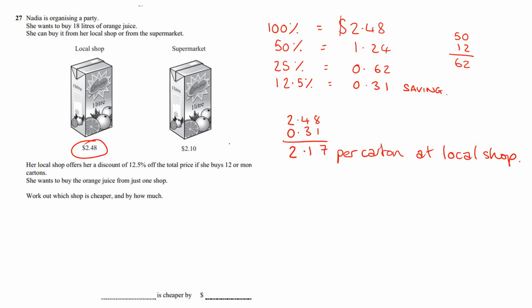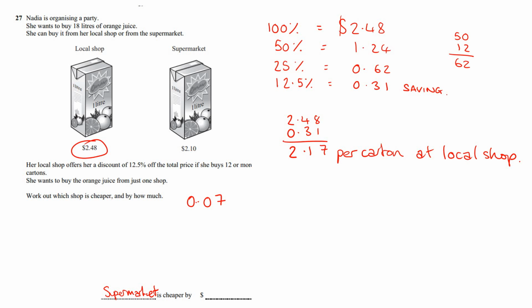All right, so that would mean that it's actually cheaper at the supermarket, and it's cheaper by 7 cents per carton. So the supermarket is cheaper by 7 cents, 0.07. You can see that it's going to be 7 cents because you have $2.17 and $2.10.